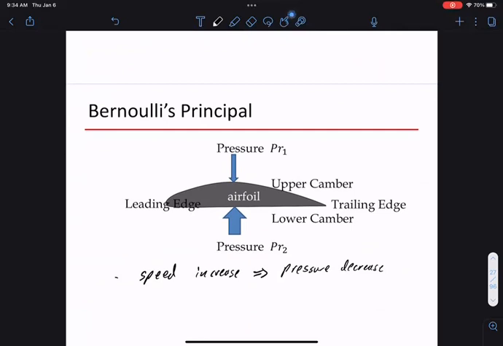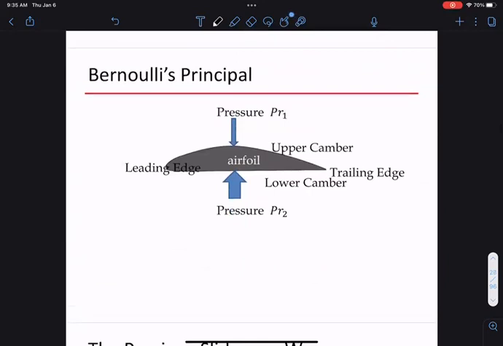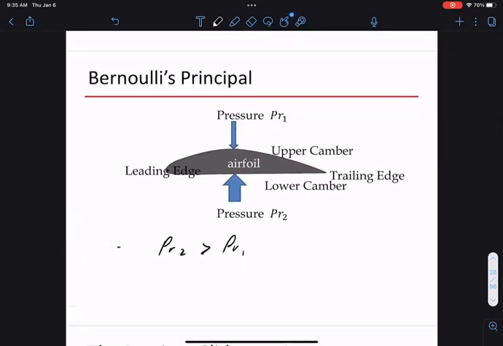So with higher speed, you cannot have as much pressure because the amount of air is conserved. So the pressure has to decrease. Hence you have a pressure difference. This says that pressure at the bottom is larger than pressure at the top. And since pressure at the bottom is larger than pressure at the top, the pressure difference generates lift.